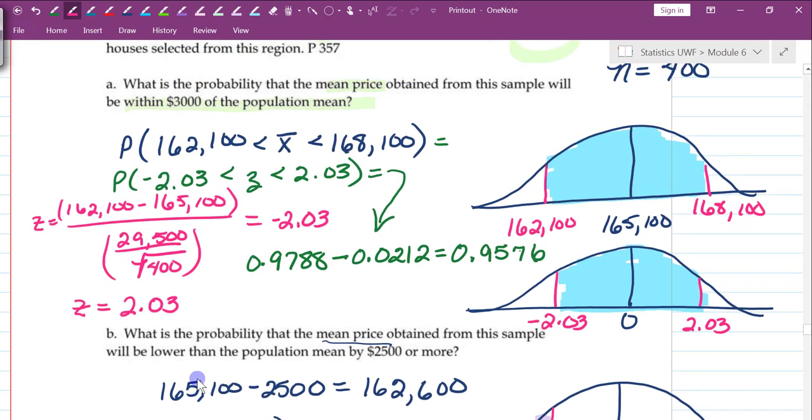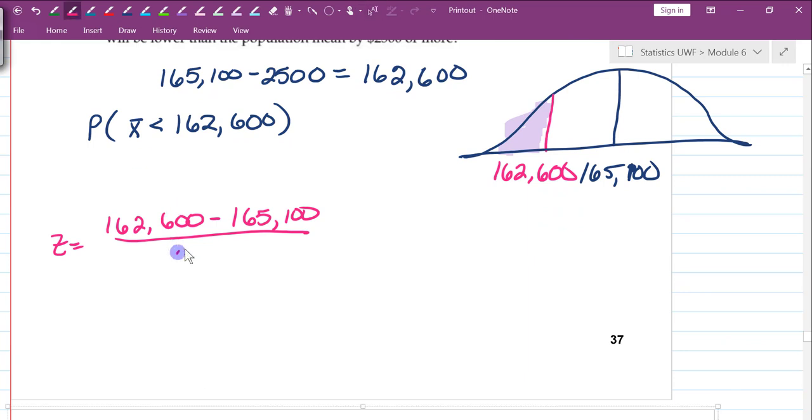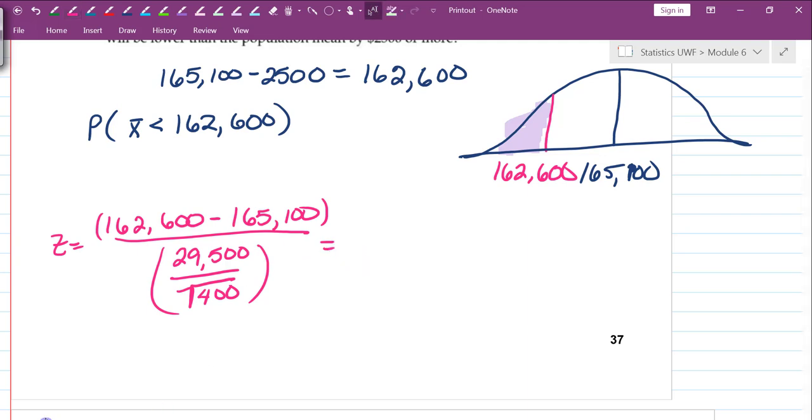Our standard deviation was 29,500. So divide it by 29,500, divide it by the square root of 400. Again, make sure you put your parentheses so that when you put this in the calculator, you are set.